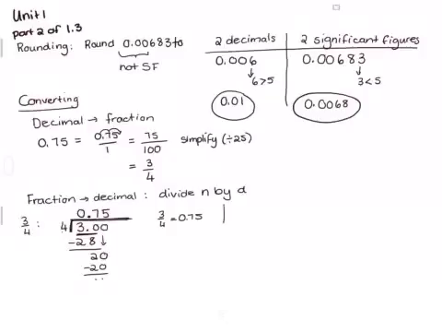I want to do another example here. Show you one that gives you a repeating decimal as an answer. So 9 into 2. We know that can't, so we put 0.0. I just always put 2 zeros, but you can add as many as you like.